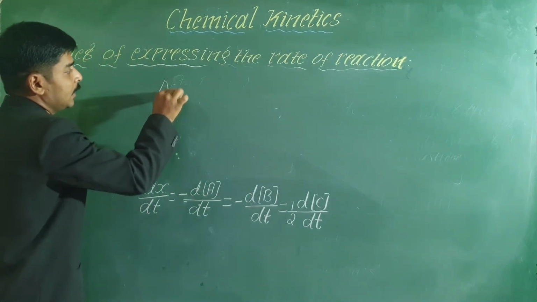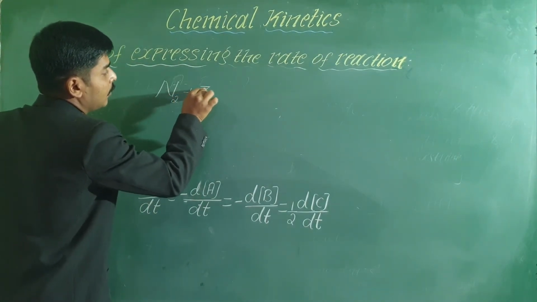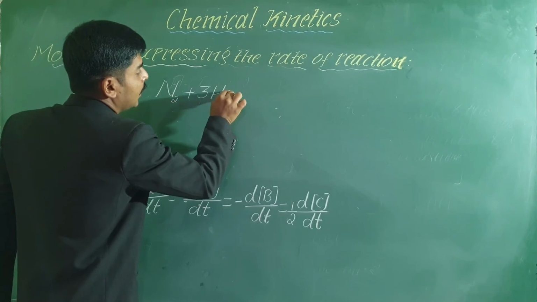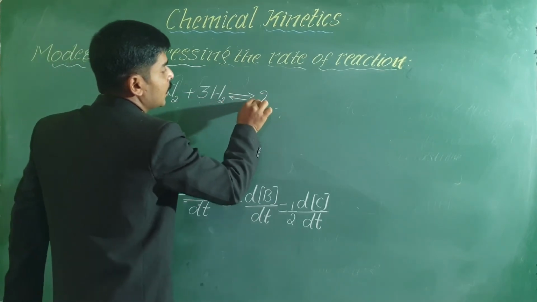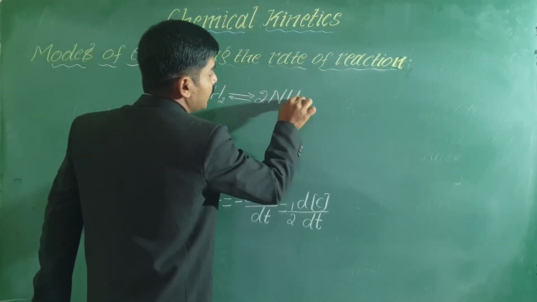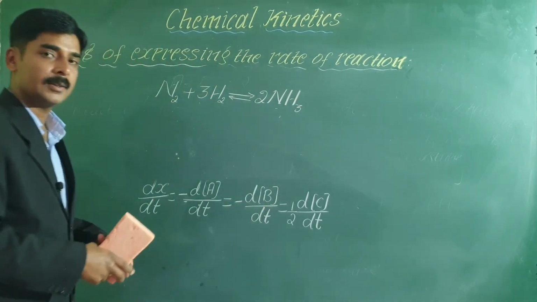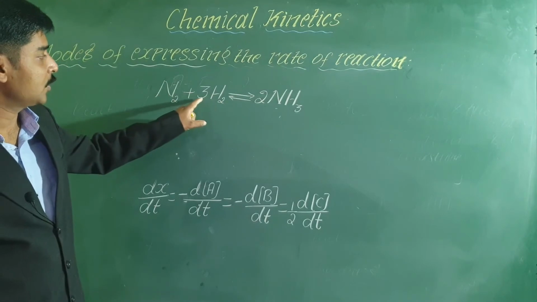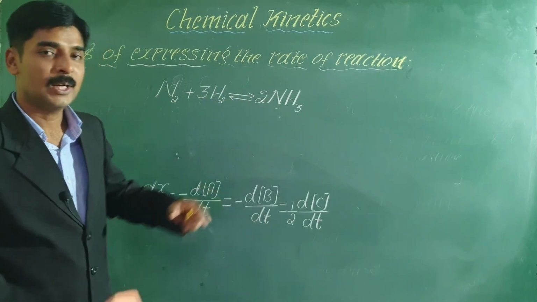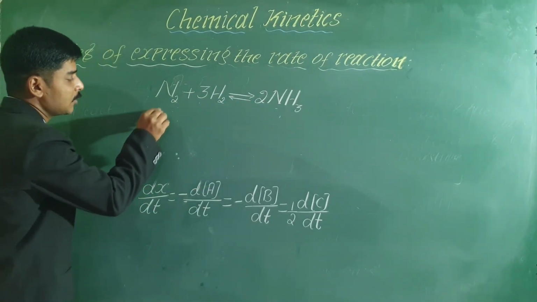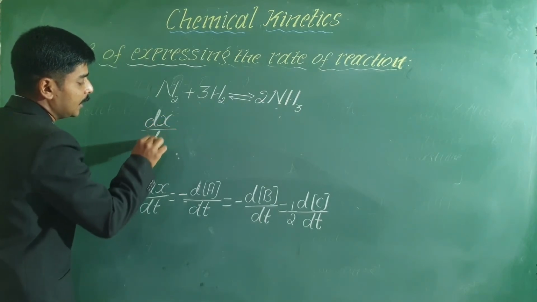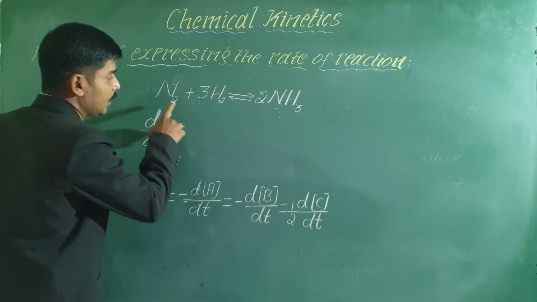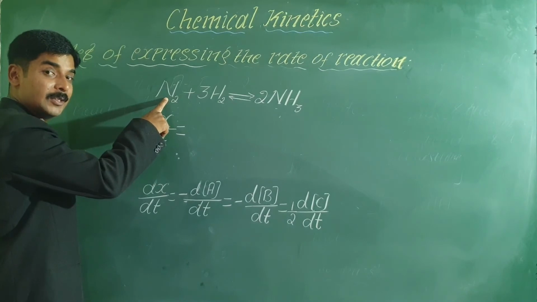Let us take this reaction: N2 plus 3H2 gives 2NH3. In this case, the stoichiometric coefficients are not equal to 1. For N2 it is 1, for H2 it is 3, but for NH3 it is 2. So in this case, how will you express the rate? dx by dt is equal to, what is the rate of disappearance of N2?